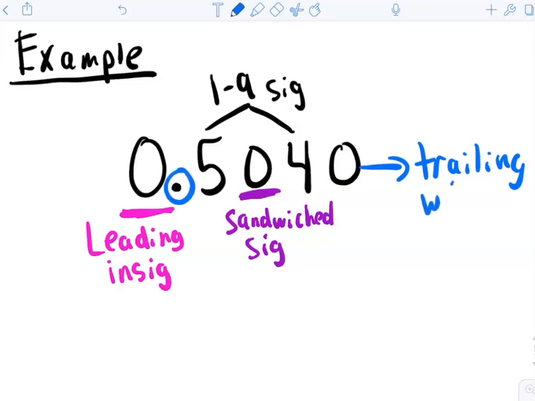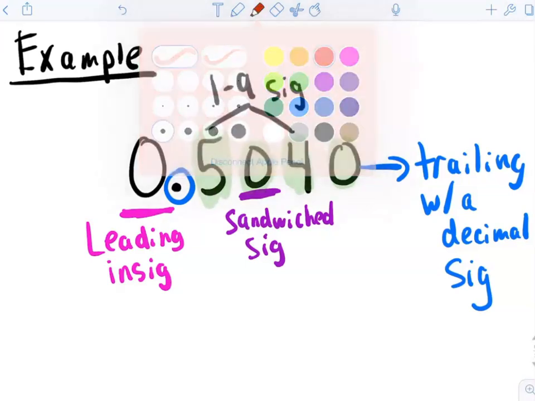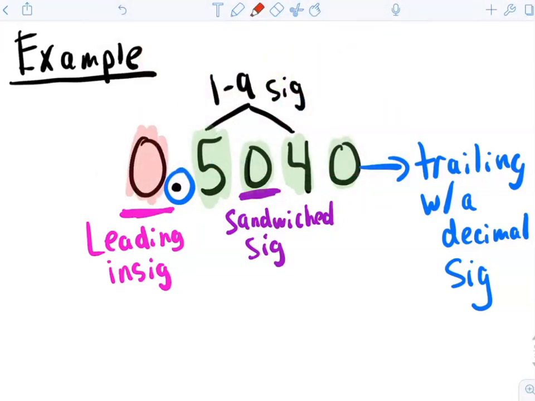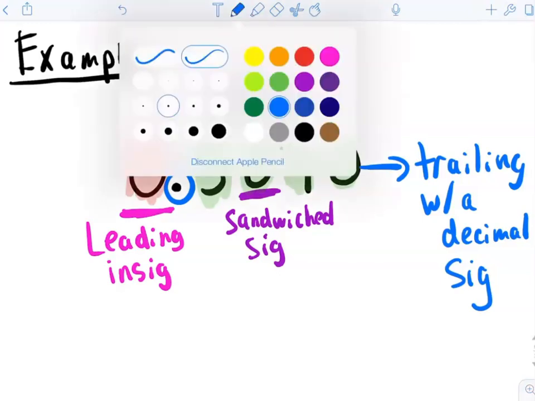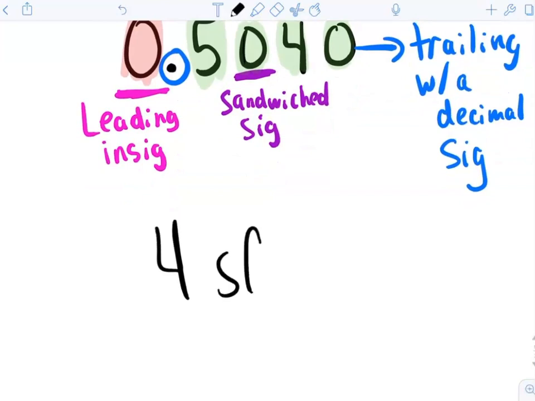Yes. So trailing with a decimal. So that means that we are significant. Now, we got to go through and we have to highlight our significance and our insignificance. So in total, we have 4 sig figs.